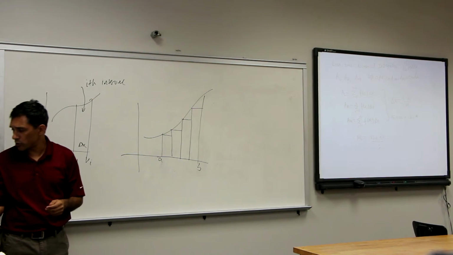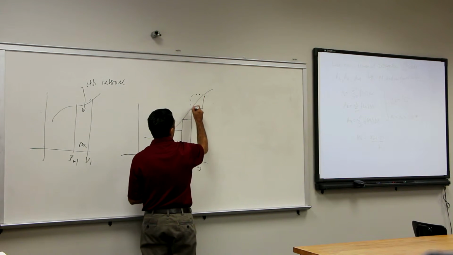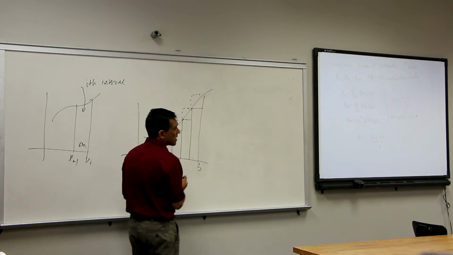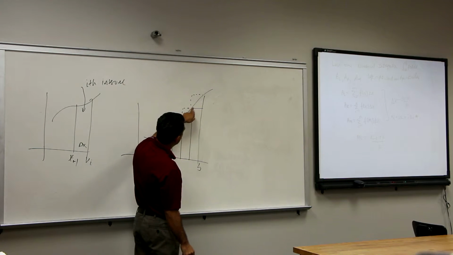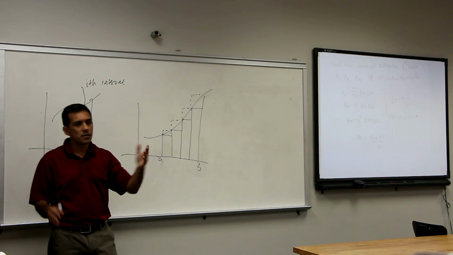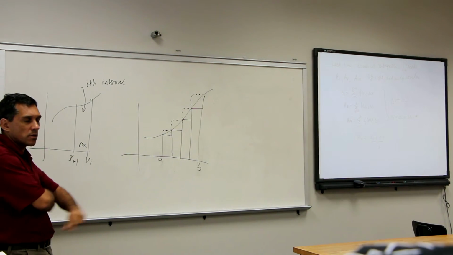Now, however, if you were to use the right rule, you will see why that will be inaccurate, because you're overshooting by that amount. And you'll add them all up. Your answer will be over what you really want by that amount.